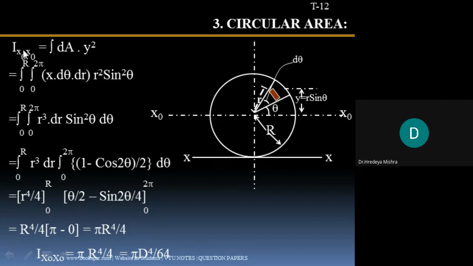Okay, so here Ixx equals integration dA y square. The most important thing we're going to calculate is the area. Okay, so area is most important here. So see this, if the radius is r, and this small length is d theta.